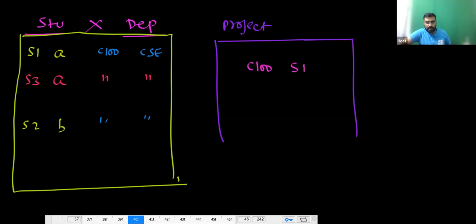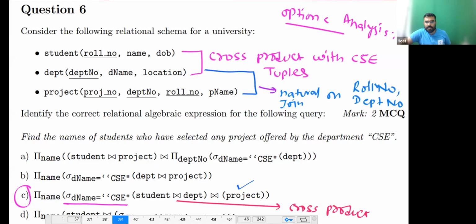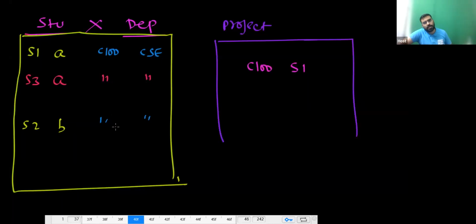Even if you have two departments in the CSE, it does not matter. In the project table, if you have this type of tuple, this will match because the combination should match, right? Department number should match with the roll number. The combination should match.